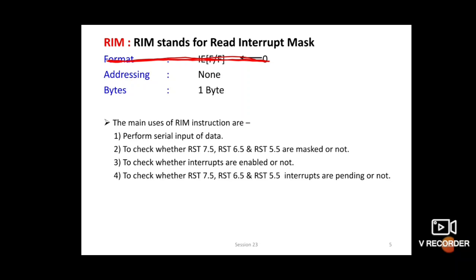These are the main uses of the RIM instruction. And one more thing, student, it is mandatory to initialize the accumulator with the required value. Means first store the value in the accumulator, then execute this RIM instruction.